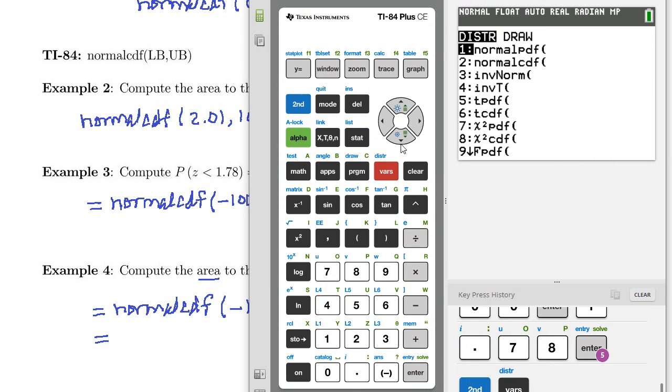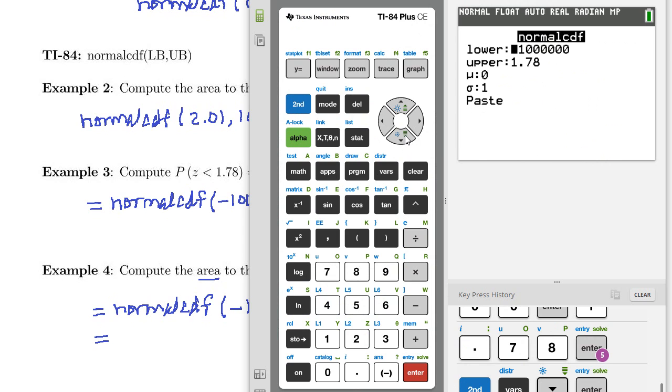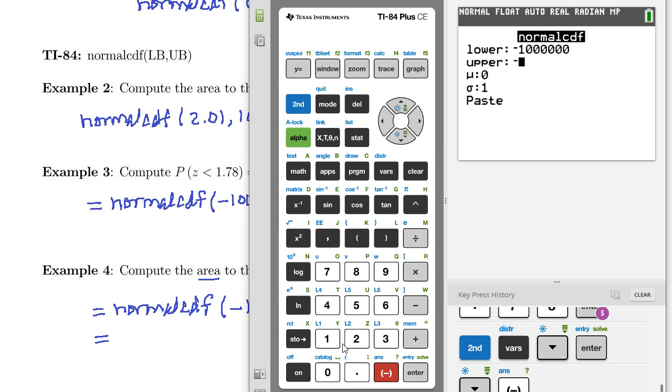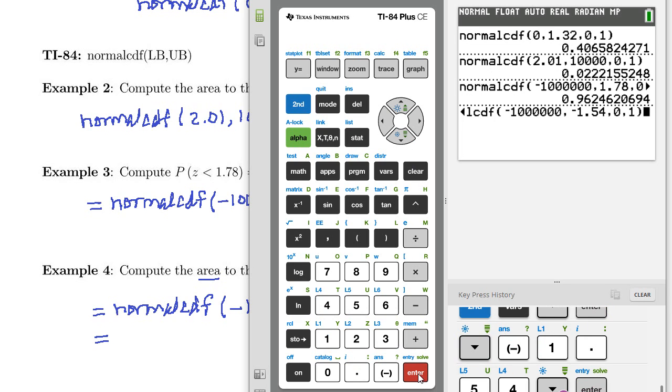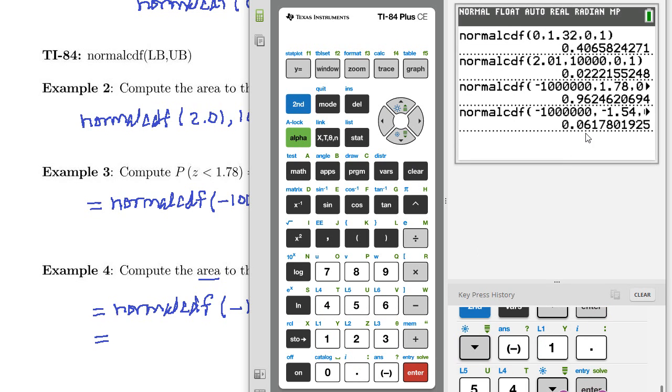So second variables, normal CDF. We'll go ahead and keep that lower bound, and then we want negative 1.54. Paste and enter. So 0.0618 to 4 decimal places.